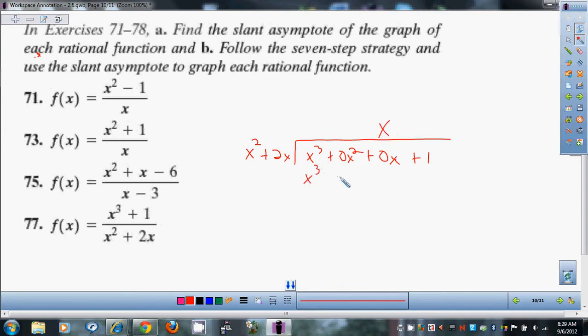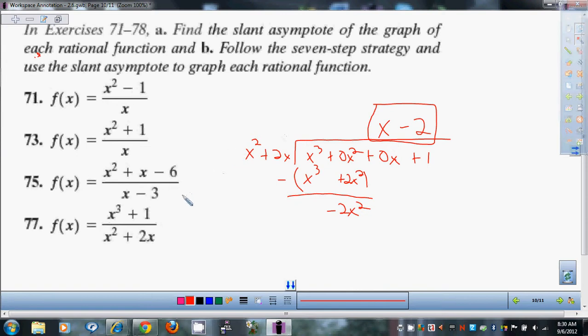X cubed plus 2x squared minus, that's negative 2x squared. Divide it again. Negative 2x squared divided by x squared minus 2. Now, even if we have something left, it'll just be a remainder, won't it? Chuck the remainder. Here's your slant asymptote. It'll be the equation y equals x minus 2.